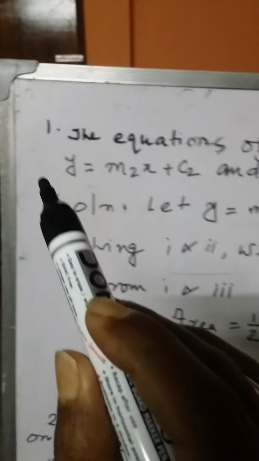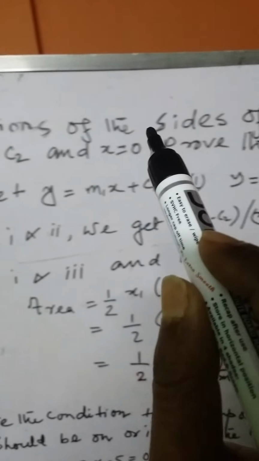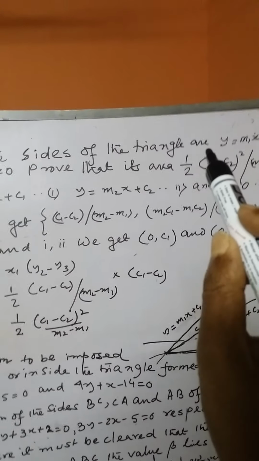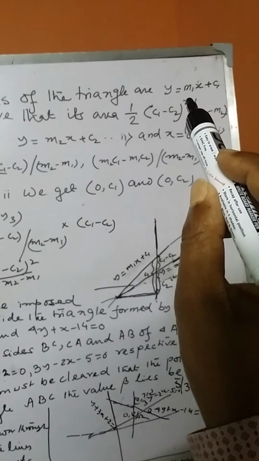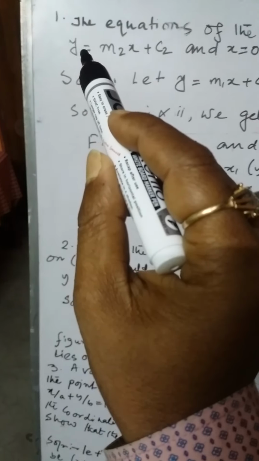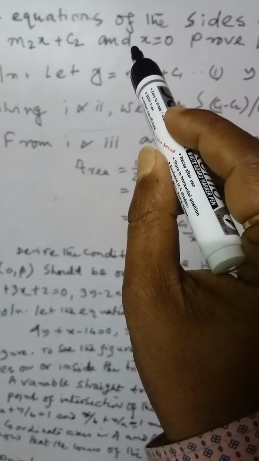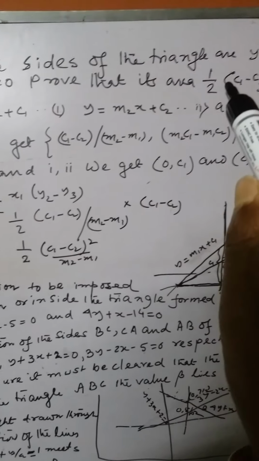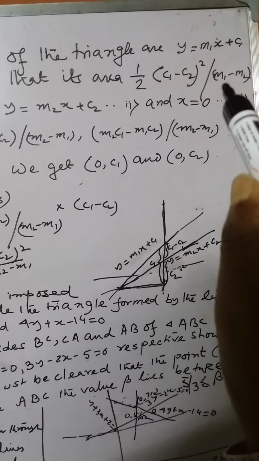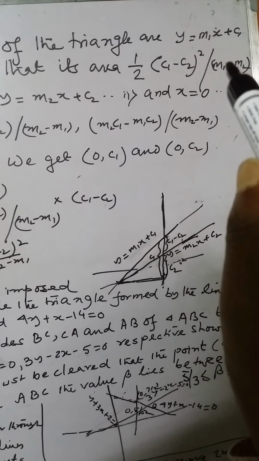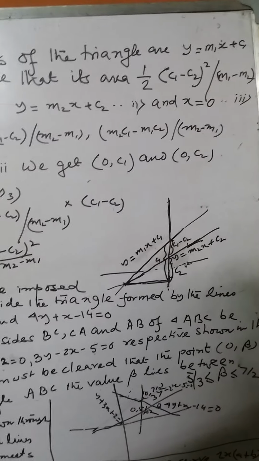Now my first math. The equations of the sides of a triangle are y equal to m1x, y equal to m2x, and x equal to 0. Prove that its area equal to half (c1 minus c2) whole square by (m1 minus m2).